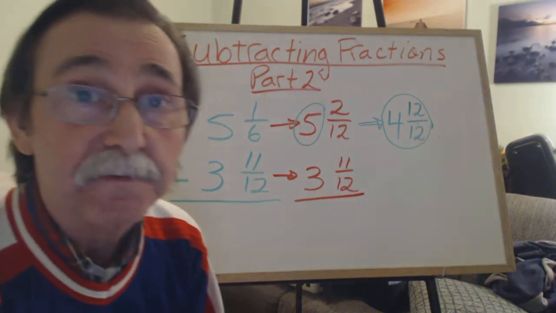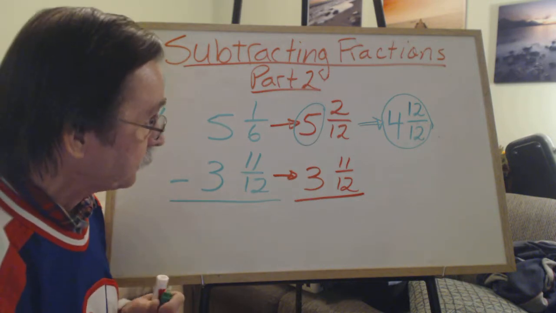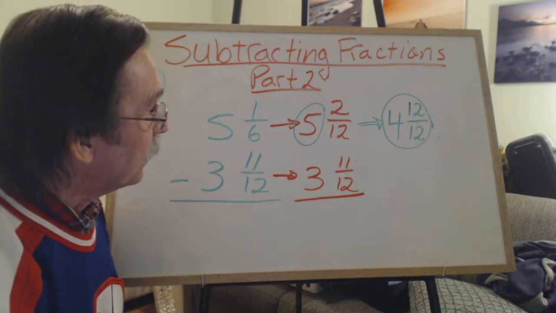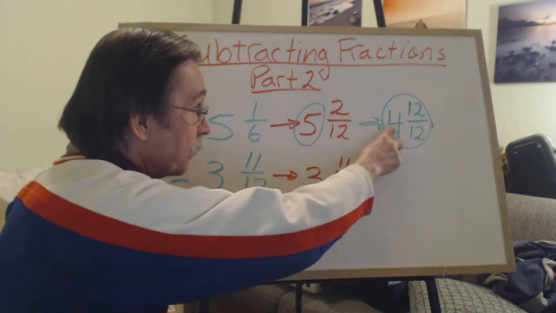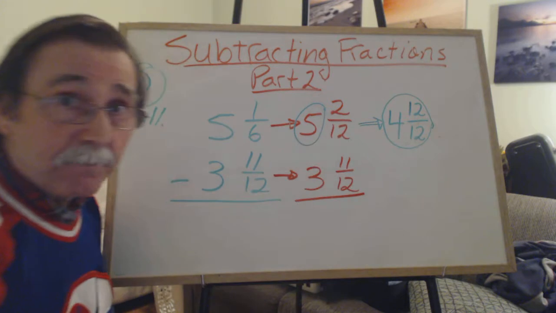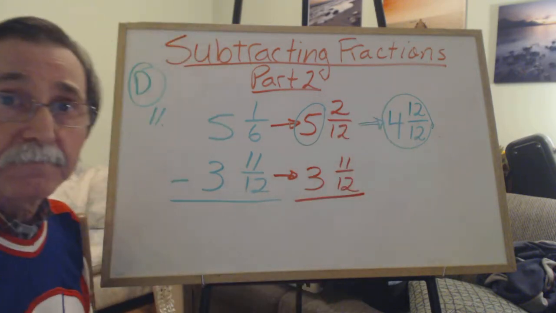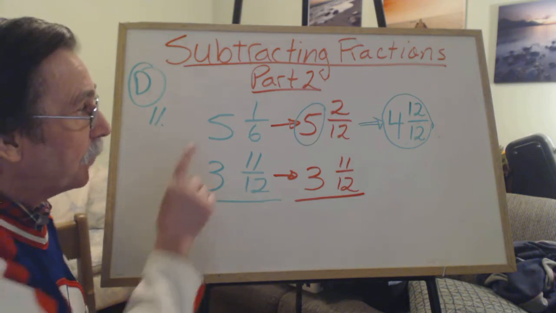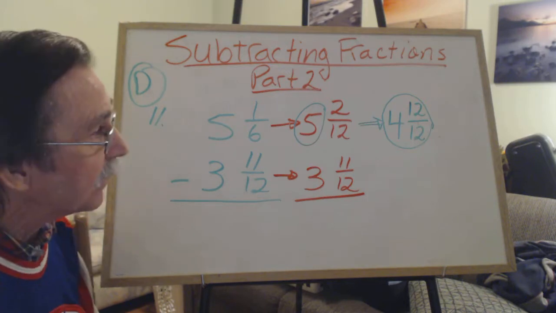I'm giving you a chance to think this over because it's pretty profound. So 5 is equal to 4 plus 1, but I'm renaming my 1 to 12 twelfths. So 4 and 12 twelfths. But I already have this 2 twelfths. I can't forget about that.